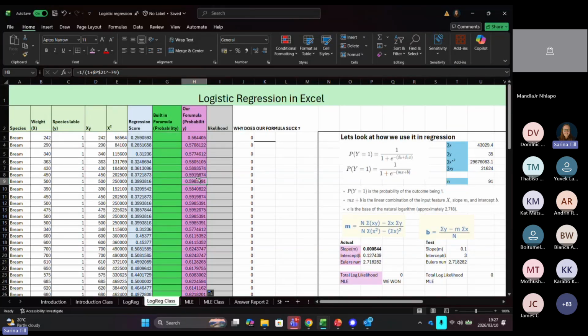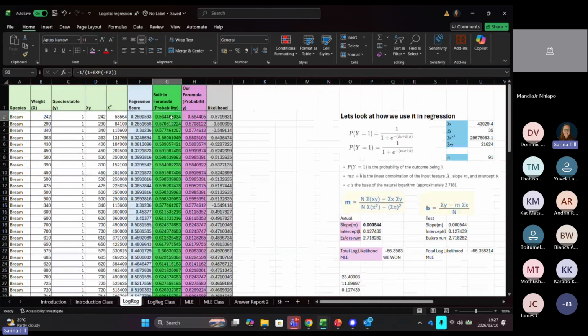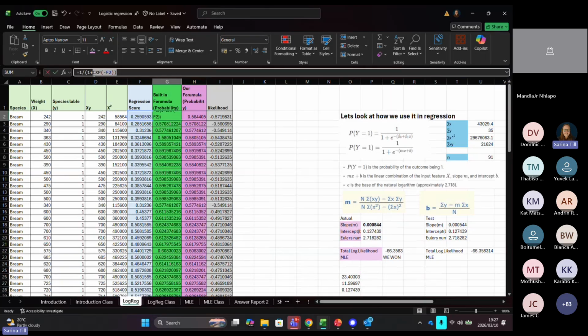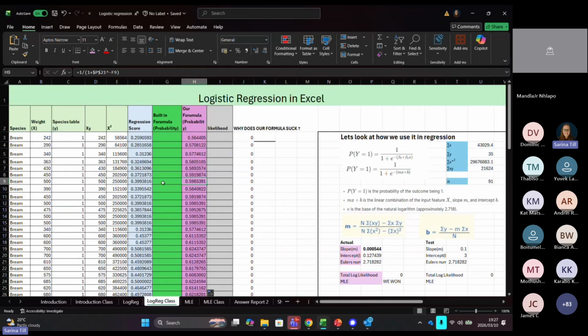You don't have to calculate this bit manually. There is actually an Excel formula that does this. This is what that Excel formula looks like. It's the EXP formula. So let's take this and stick it in here. The built-in formula is 1 divided by 1 plus, and to do the whole Euler's number times the negative value, it's just the EXP function in Excel.